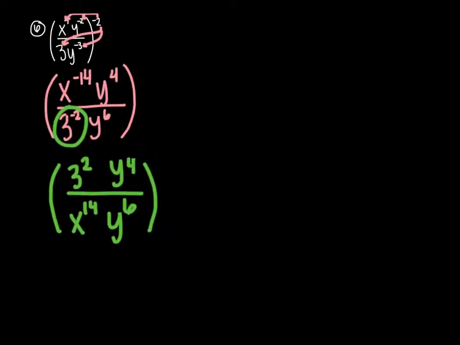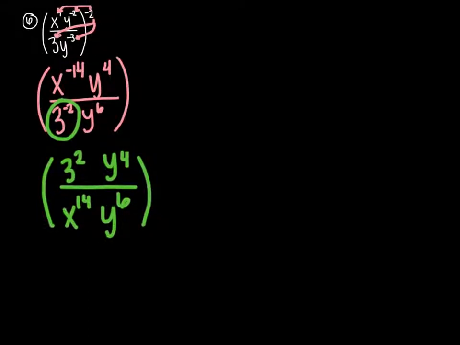So the next thing we're going to do is deal with our bases that are like terms. So the only base that we have 2 of is this y. And so we've got y to the 4th, and it's being divided, so we're going to subtract the 6, which is y to the negative second, which means it stays on the bottom.